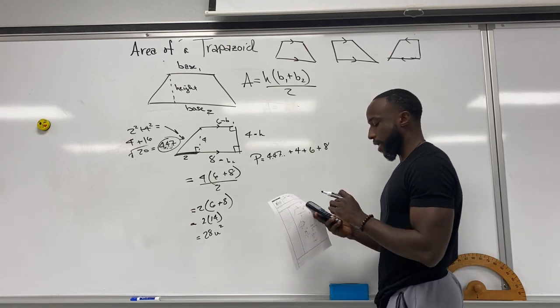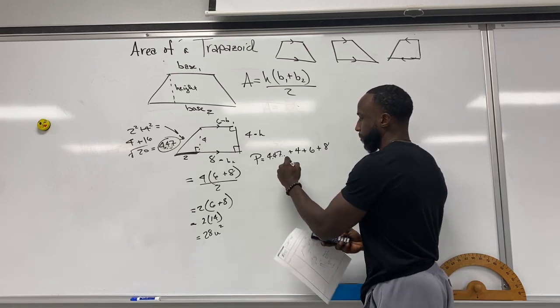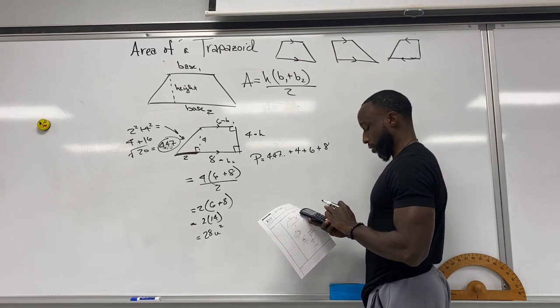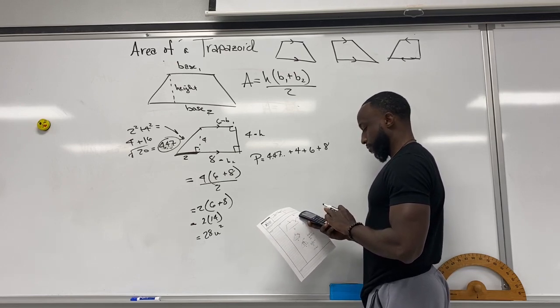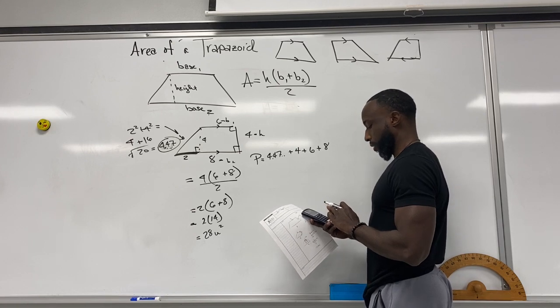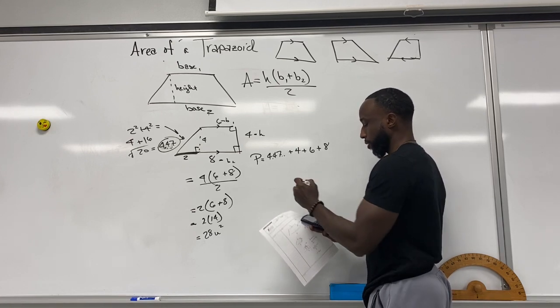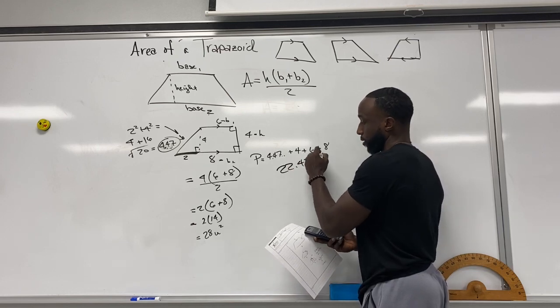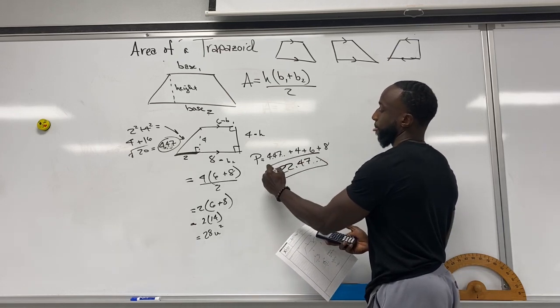You add all those together and you get 22.47 and some change. All right, that is your perimeter.